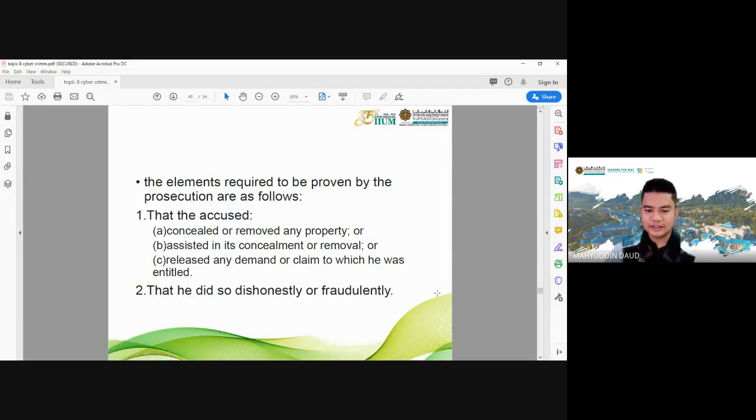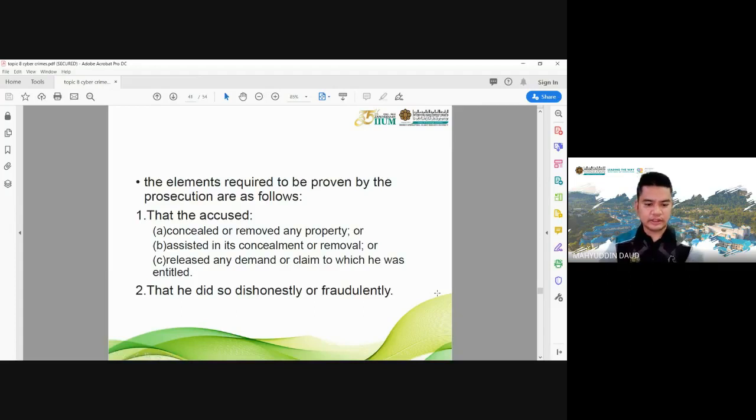And then when you entertain or reply to this, and then katalah the money is really transferred to you, this is where you basically have assisted in the concealment or removal of the said consideration.